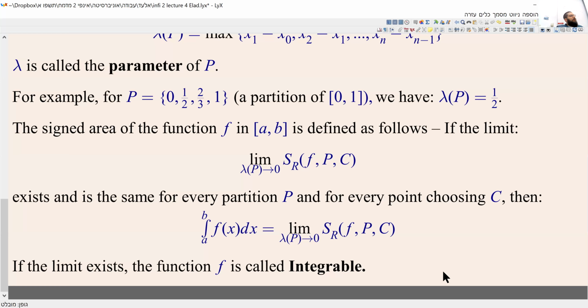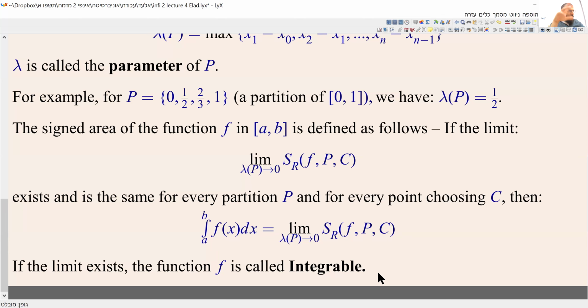Can you give an example of a function that isn't integrable? Yes, I want to give an example for such a function, but I want to do three things before that. First of all, I want to write down a more convenient way to look at this limit.